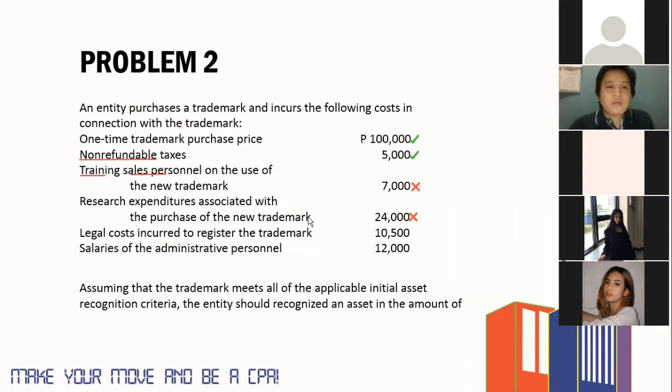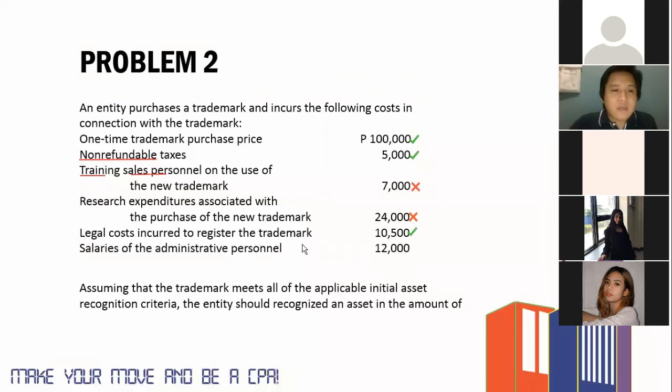Okay? So therefore, this is important. Not only to protect the trademark, patent, or whatever intangible asset, but this is the legal means so that the trademark will be honored and authorized for use for the benefit of the entity. So therefore, we include this amount.